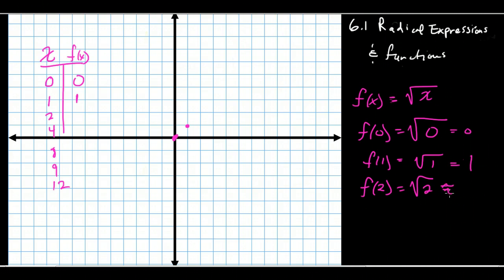And I know, let's see, well, the square root of 4, f of 4, the square root of 4 is 2 exactly. So this is going to be less than 2. Actually, it's a little more than 1. It's like 1.4 something something.